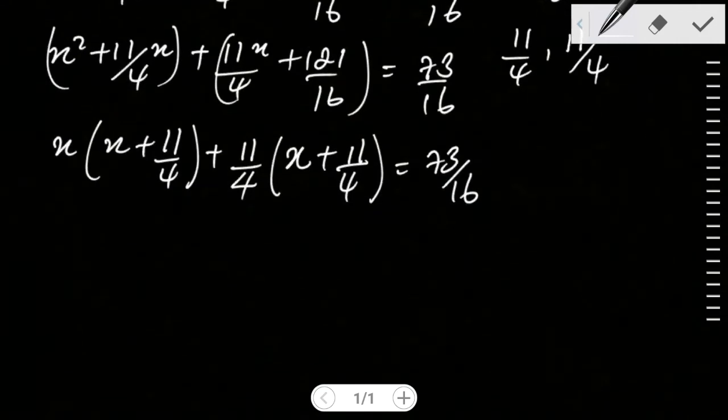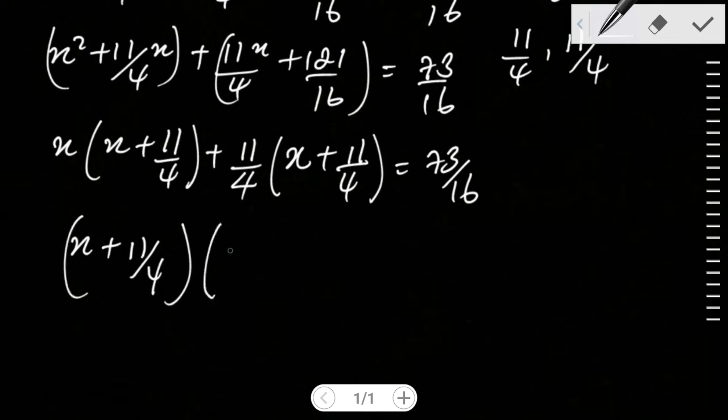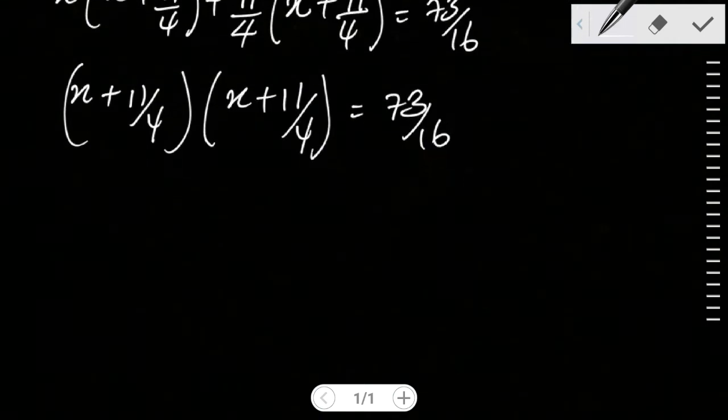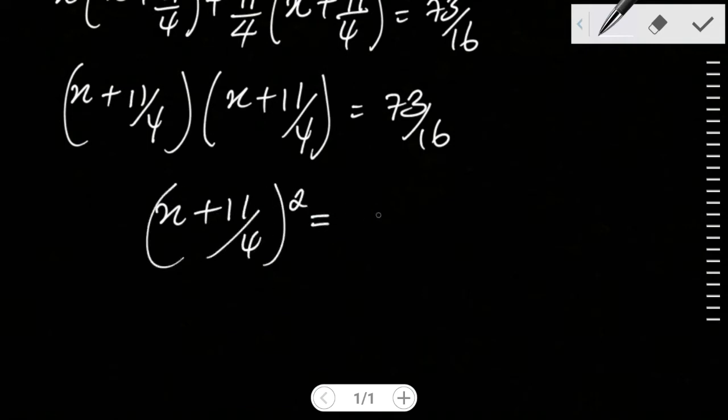So x plus 11 out of 4 into x plus 11 out of 4 equals 73 all over 16. Now here is where we form a perfect square, where we are going to have x plus 11 out of 4 squared equal to 73 all over 16.